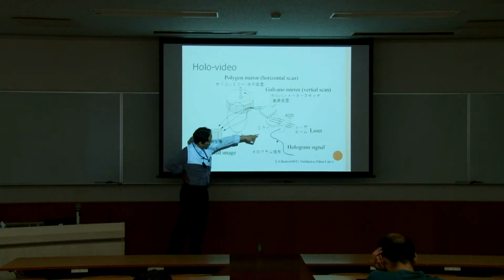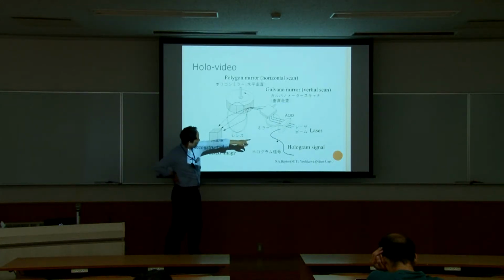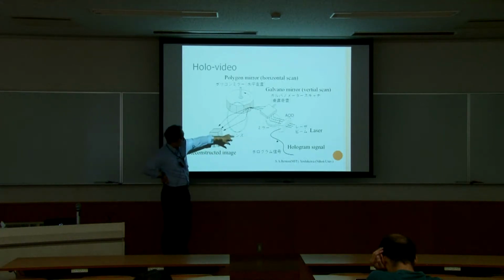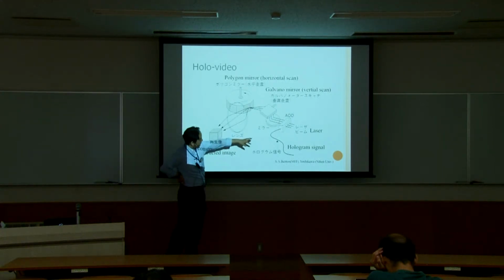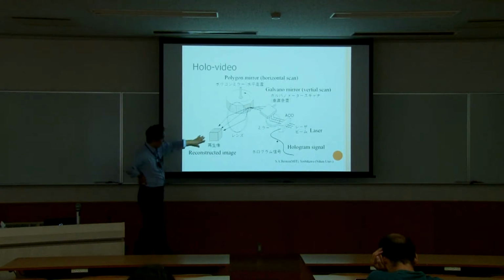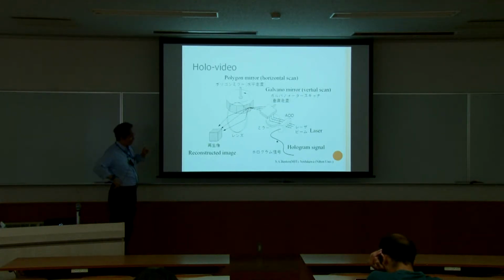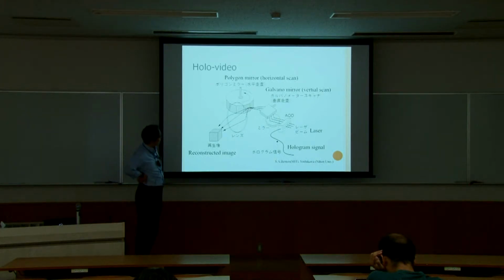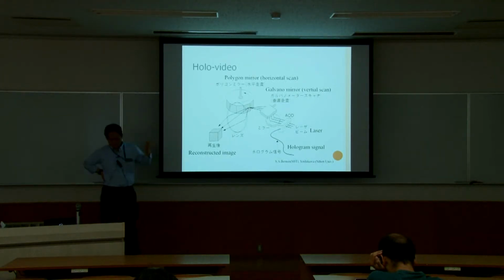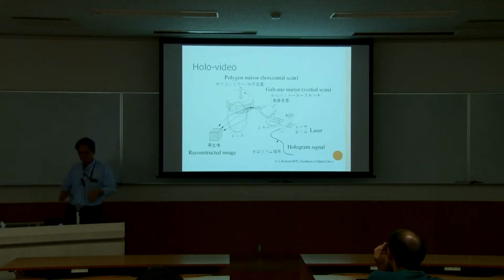The hologram signal is fed to this, and the laser is emitted from here. The laser is modulated by this SLM, and then we can see a reconstructed image. This kind of electronic holography is still researched by many researchers. The Holo-Video is the very first holographic video.